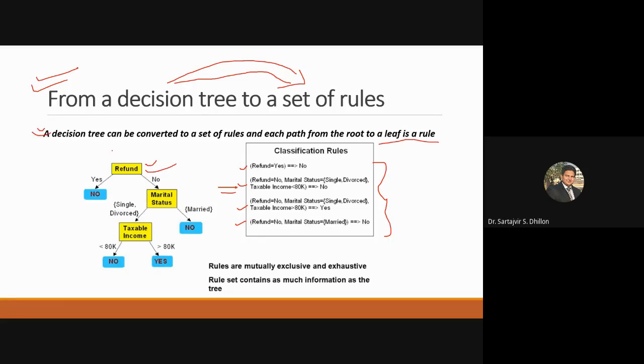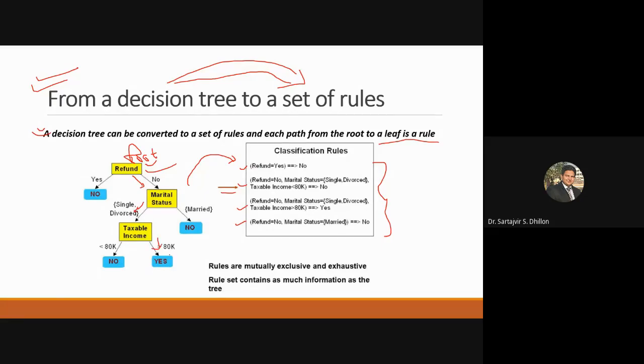A decision tree can be converted into a set of rules, and each path from the root to a leaf is a rule. This one is your root, and there is a path going on, and this is actually a rule.